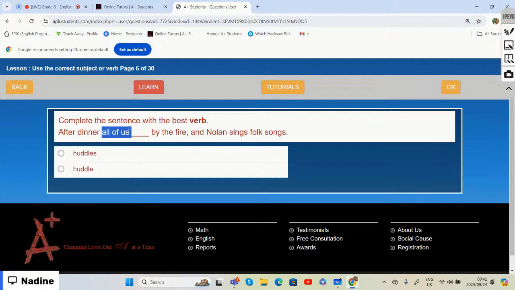Option one, huddles, ending with an S, or huddle, option two, with no S, by the fire, and Nolan sings folk songs. So which one is correct? After dinner, all of us making mention of more than one person. Do we say option one, huddles, or option two, huddle? Which one is correct? By the fire.